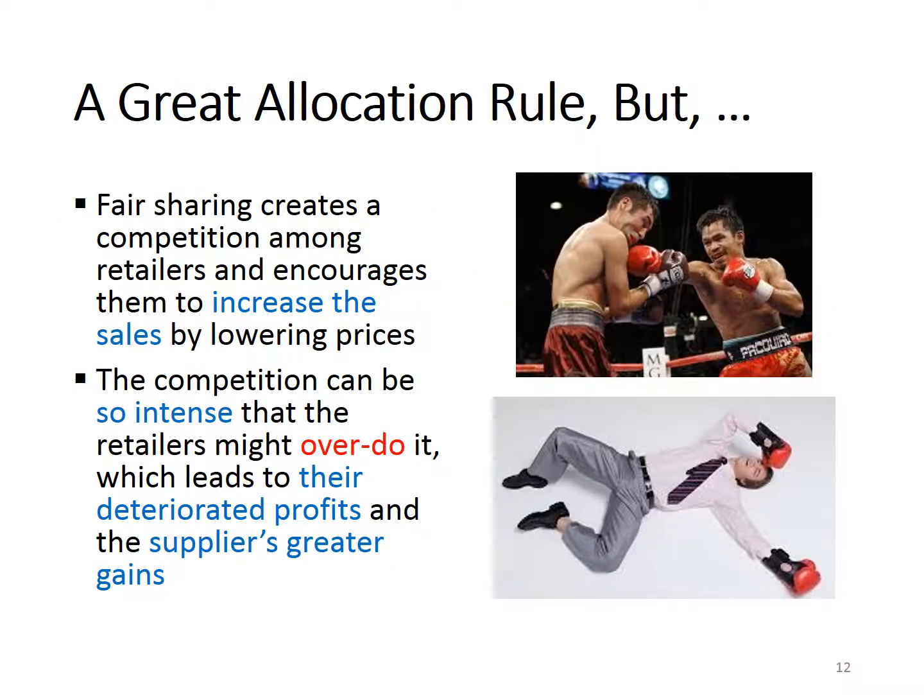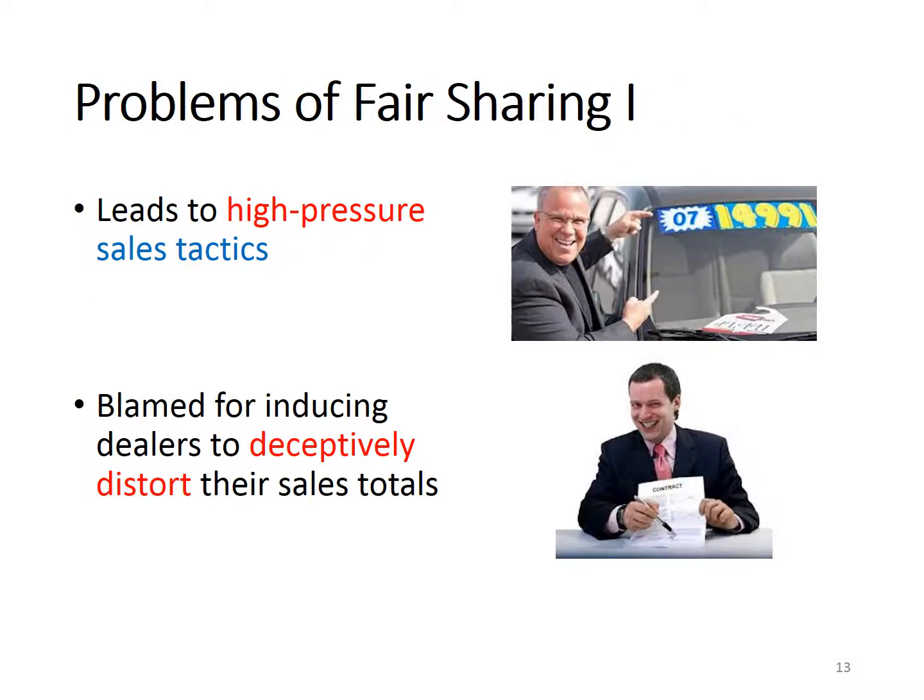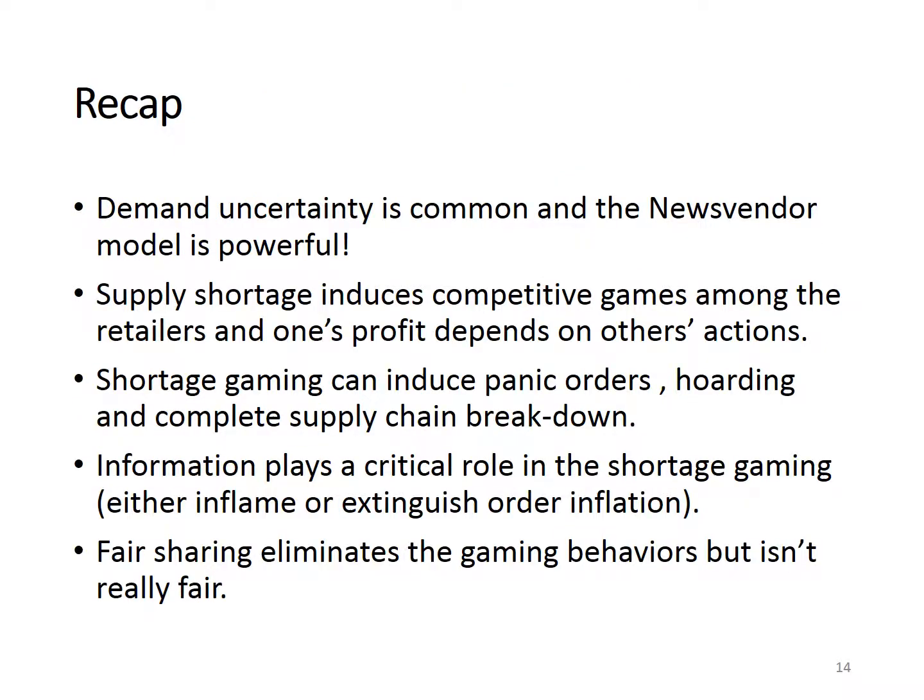The fair sharing rule may have other side effects, such as the high-pressure sales tactics often used by auto dealers to increase their sales so as to get more supply. In addition to high-pressure sales tactics, the auto dealers may also have accounting scandals where they may change their sales total.